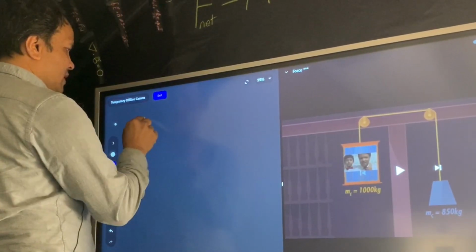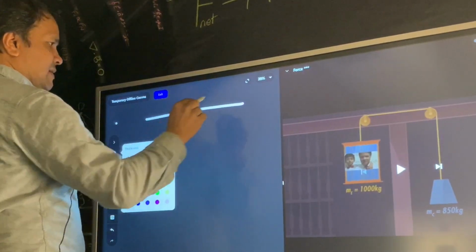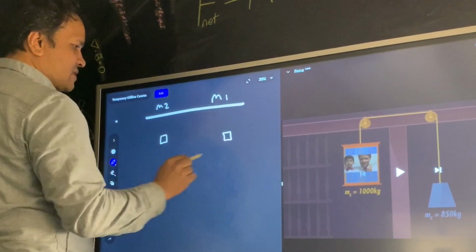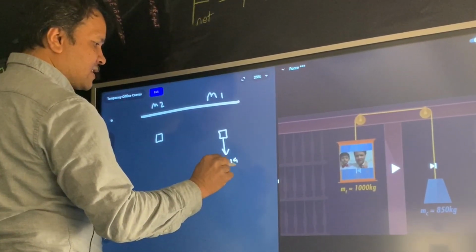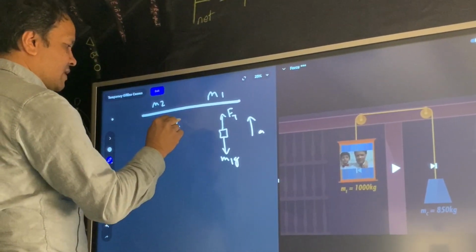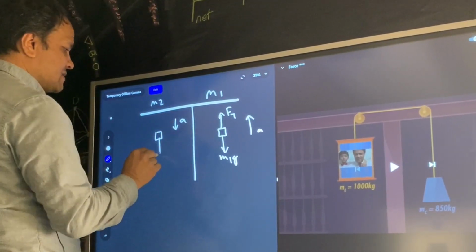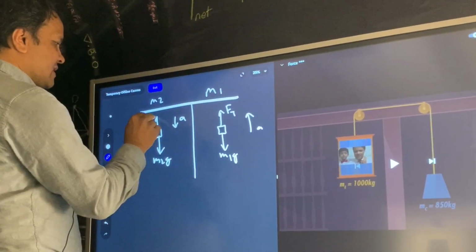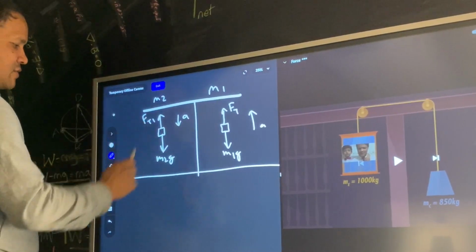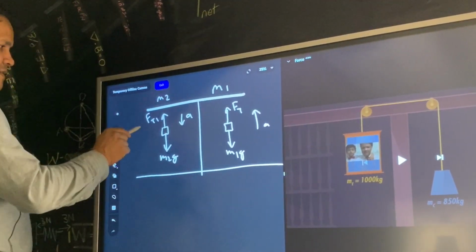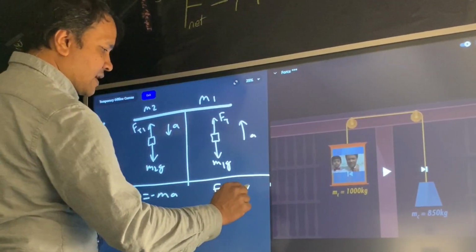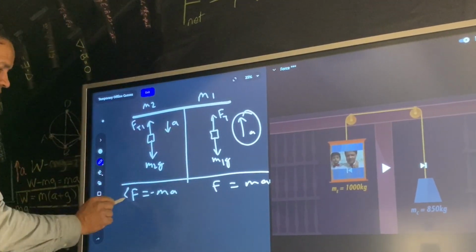So this is my mass 1. Once again, this is my mass 1, this is my mass 2, and if I put two boxes, this is M1G, this is Ft, and this is acceleration upward, this is accelerating downward. All right, and this is M2G, this is Ft1. Now I'll be able to write the equations in terms of Newton's second law. So F is equal to ma, this is negative, F is equal to ma, this is positive because of the acceleration direction, and this is sigma, this is sigma.